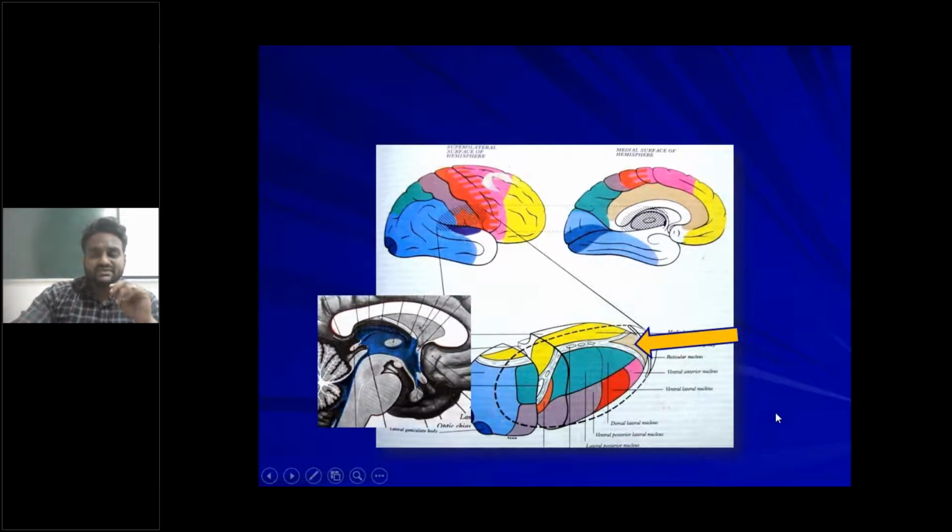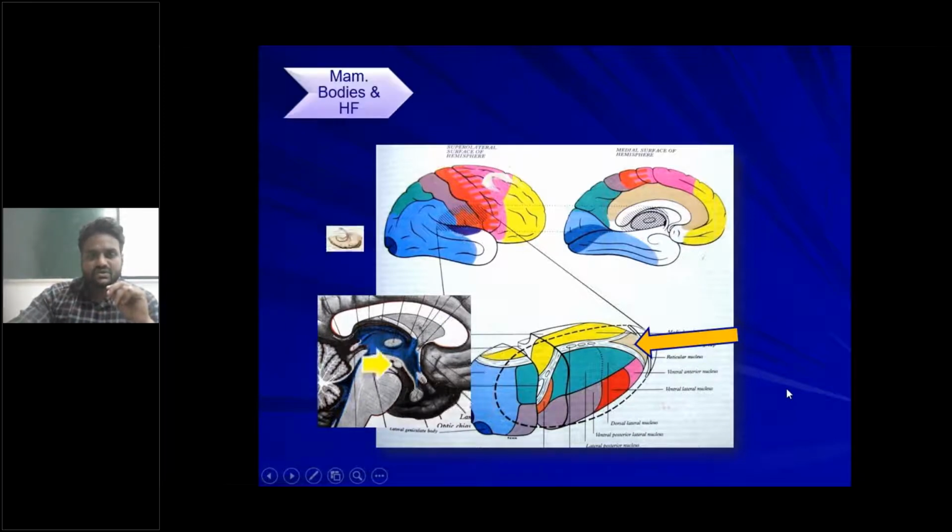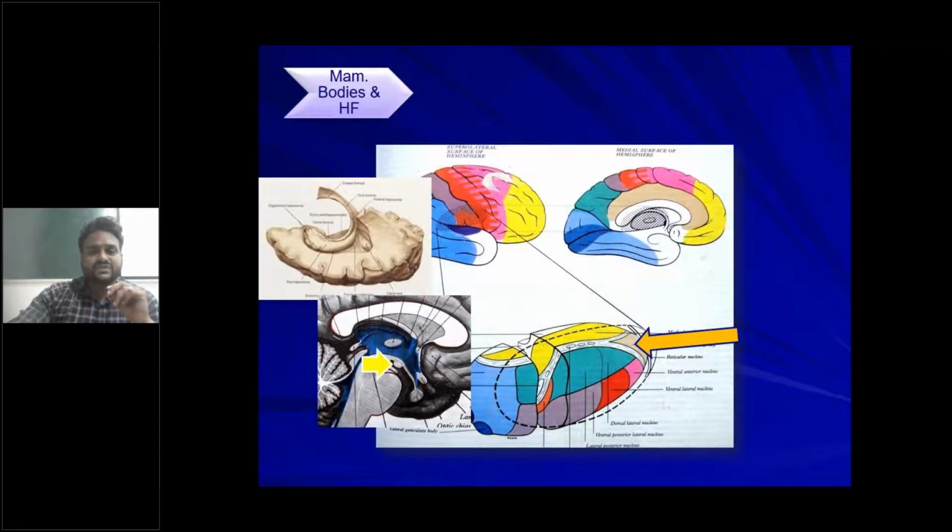First nucleus, very important nucleus, that is the anterior nucleus. In this picture we can see this yellow arrow showing the mammillary body, which is present at the floor of the third ventricle. This is the mammillary body. And in this picture, another yellow line showing another structure.